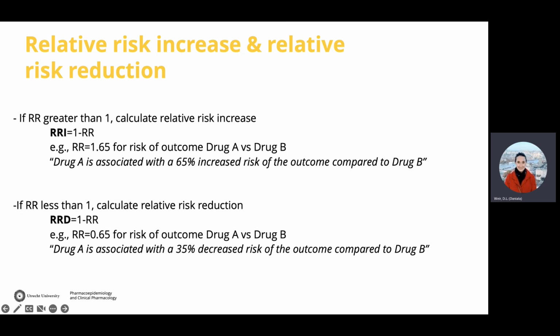If the relative risk or risk ratio is less than 1, then I'd calculate a relative risk reduction, which again is just 1 minus the relative risk.